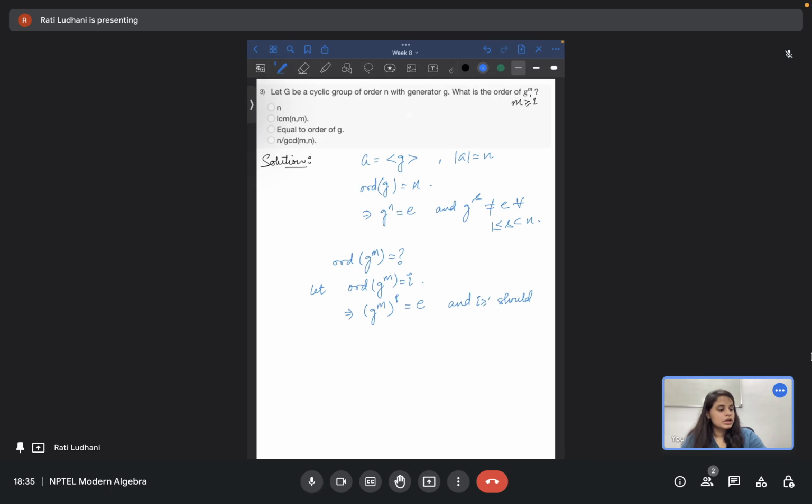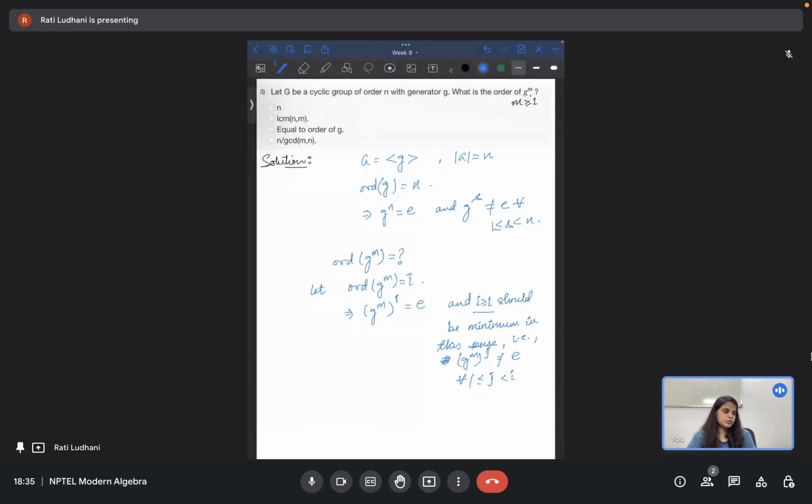But first thing, i greater than or equal to 1 is from the definition, because order should be a positive integer, should be minimum in the sense, what does that mean? If you take g raised to power mj, it is not equal to identity for all j in between.